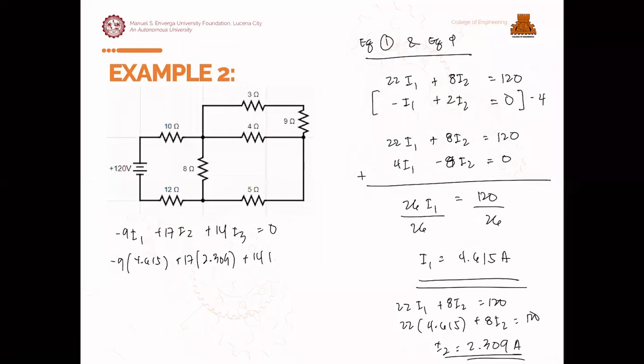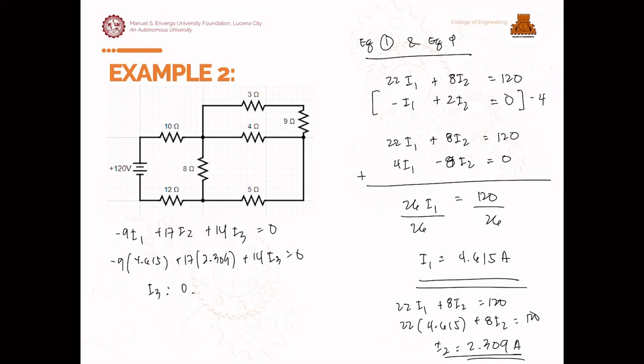So, I3 is equals to, kapag addin nyo lang yung may value, then transpose sa kabilang side. Okay, pagka-transpose, divide ng 14. Okay.